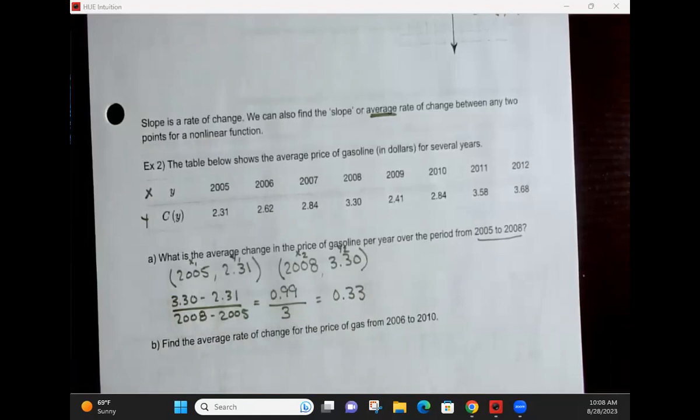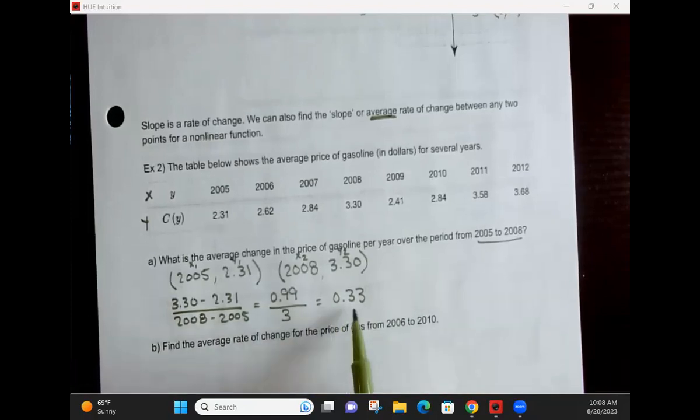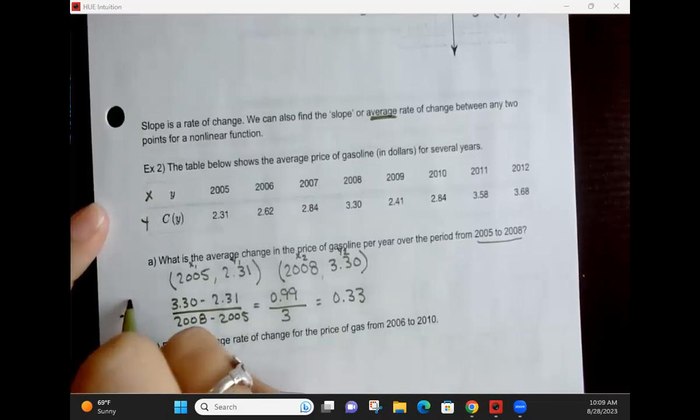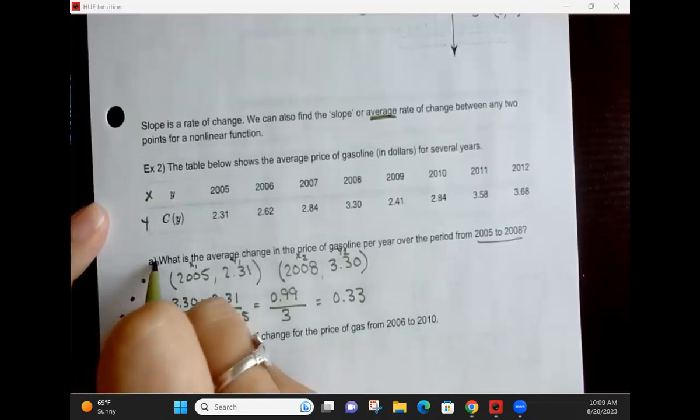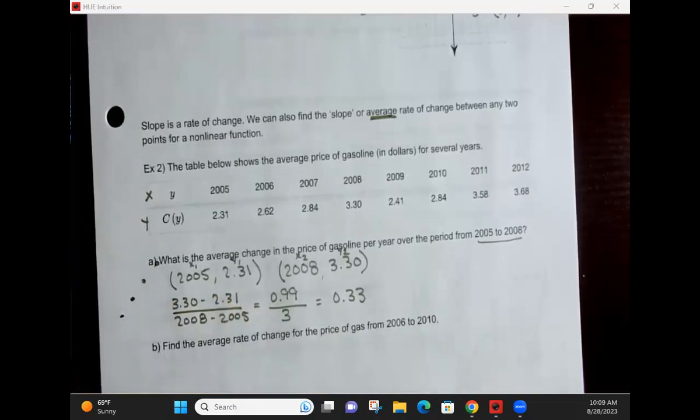What I'm going to ask you to do is actually interpret some of these values. The first thing I want you to notice is that this is a positive value. It's 0.33, not negative 0.33. It's 33 cents positive. That means we are increasing. My rate of change is positive, which means I am adding each time.